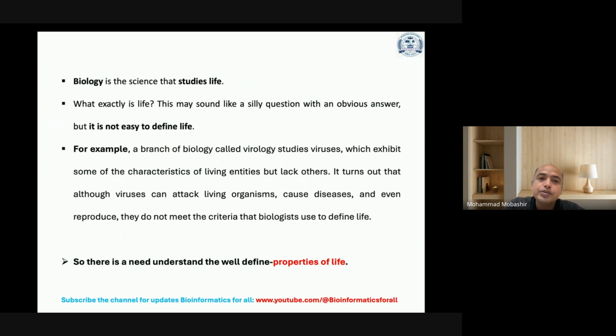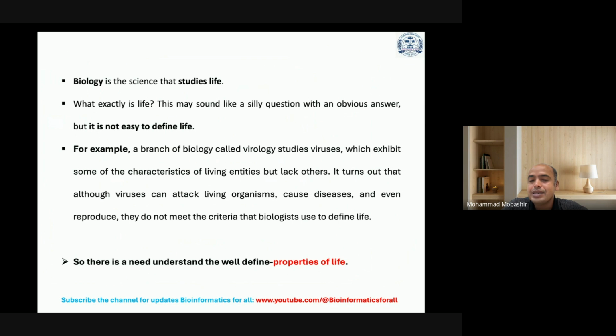For example, a branch of biology called virology, which studies viruses, shows that viruses exhibit some of the characteristics of living organisms and lack others. Viruses can attack living organisms, may cause disease and even reproduce. They do not meet the criteria that biologists have established for defining life.